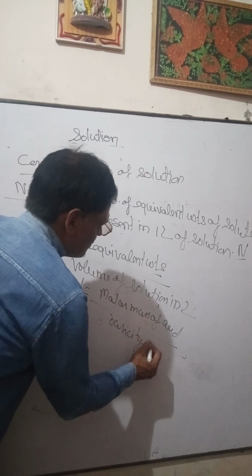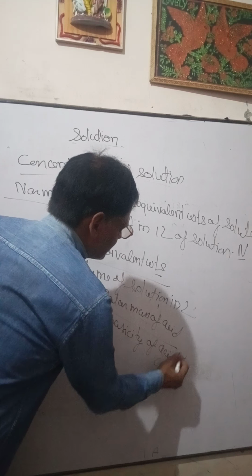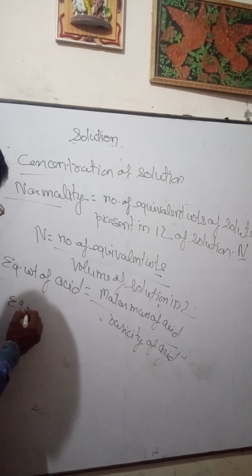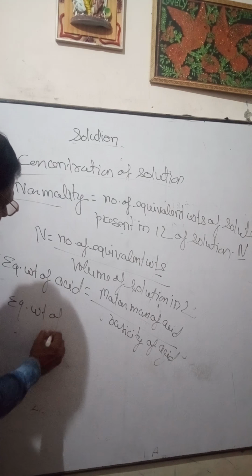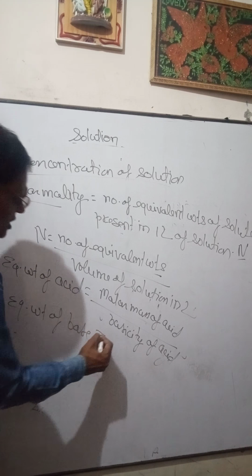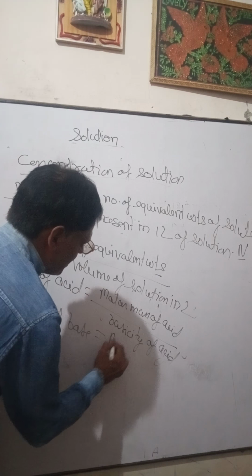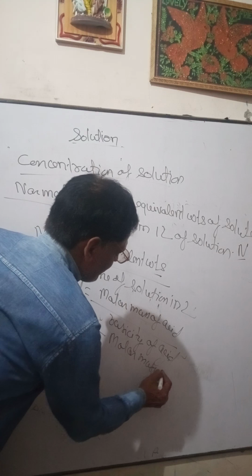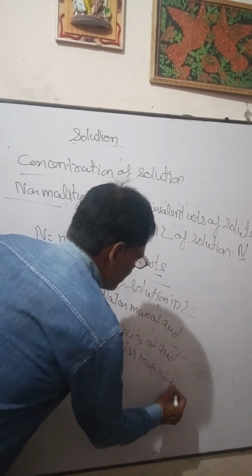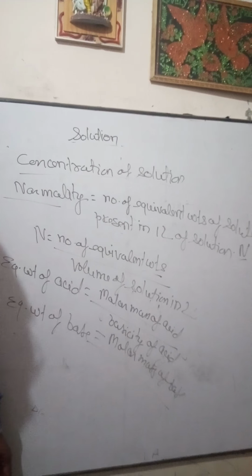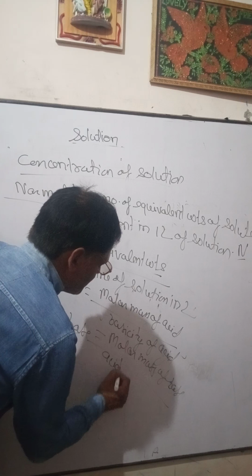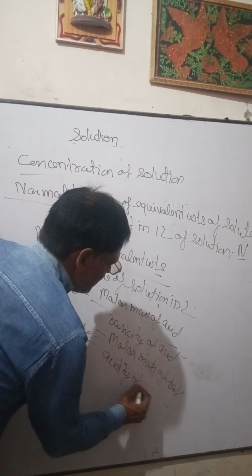In the same way, the equivalent weight of a base is calculated by molar mass of base divided by acidity of base.